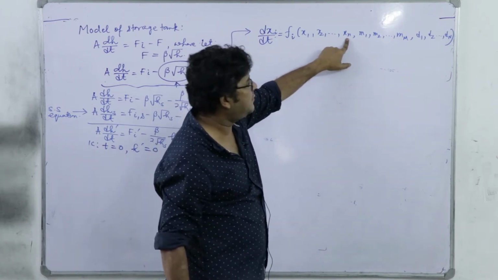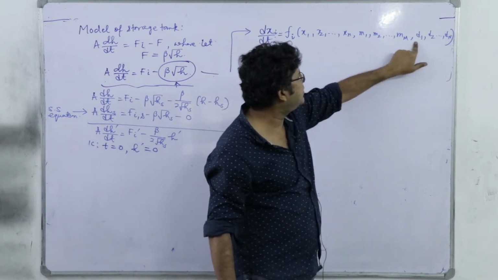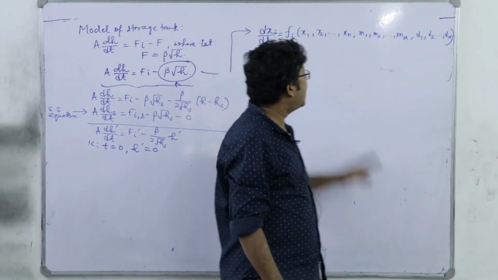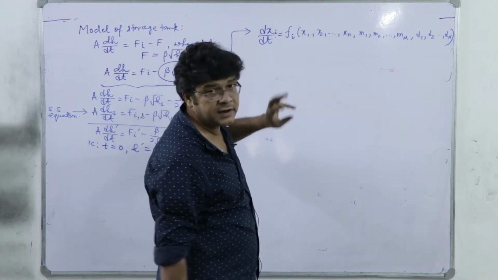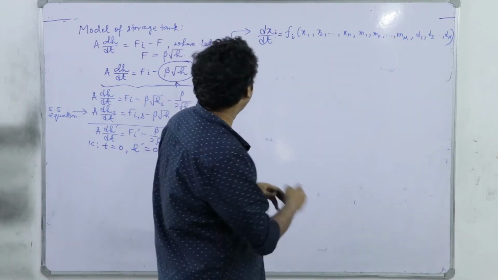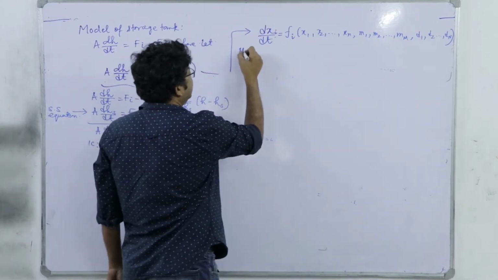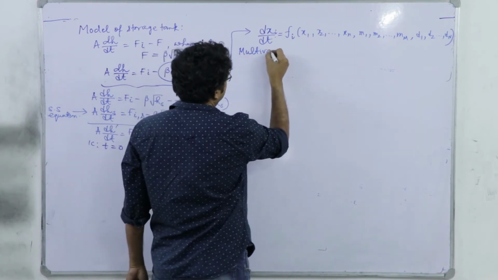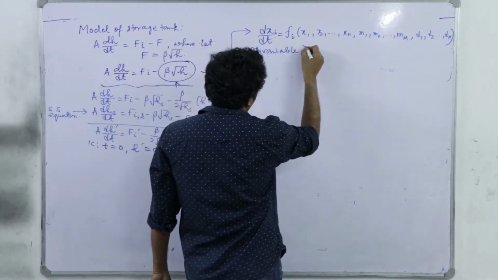So, there will be state variables, manipulated variables, and disturbances, and we have to linearize. This function is nonlinear, so we go for the multivariable Taylor series expansion.